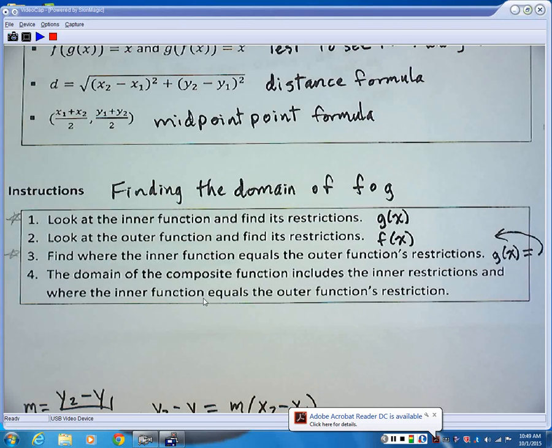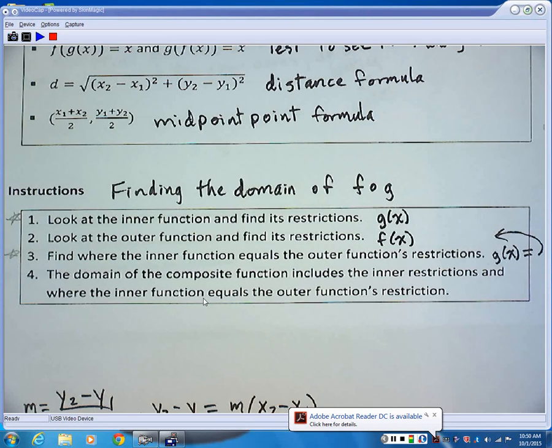But you get most of the credit if you figure out the domain and just do it algebraically, like we did in the 1.7 worksheet. I told you this last time.